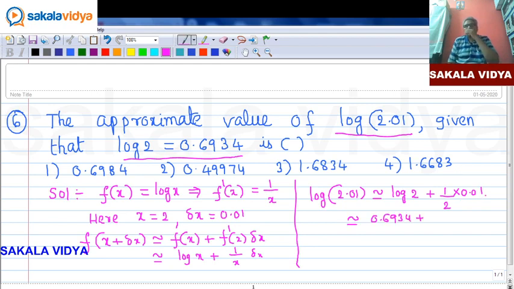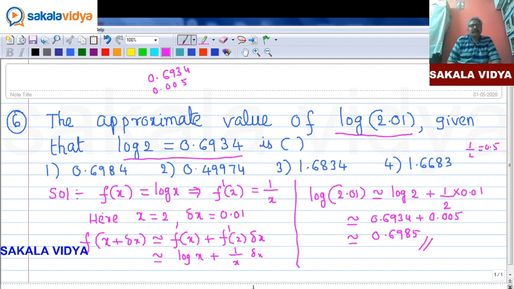So 1 by 2 is 0.5, still 2 points, 0.005. Adding, that means 0.6934 added with 0.005, that means 0.6985.